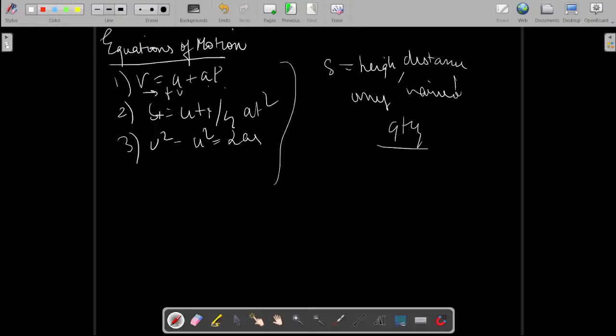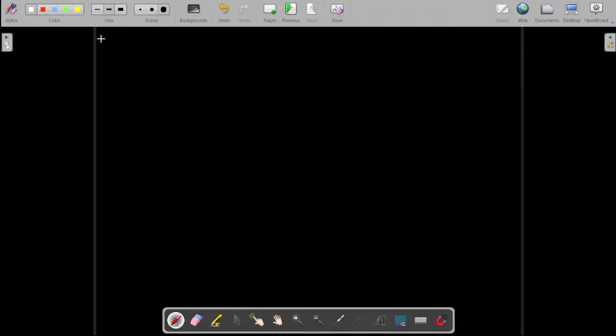I will write this very neatly here and you must copy it down. Equations of motion. We will spend more time on this most probably.